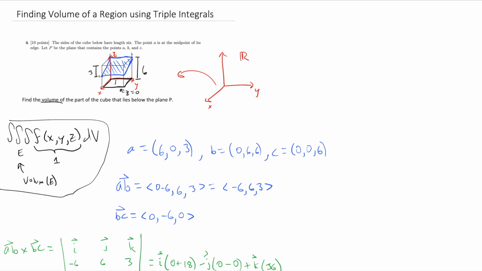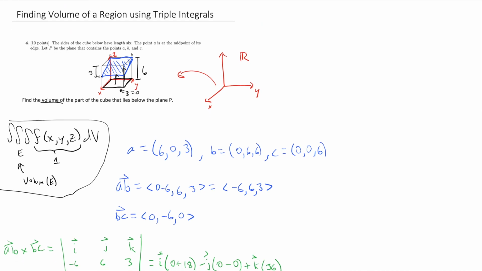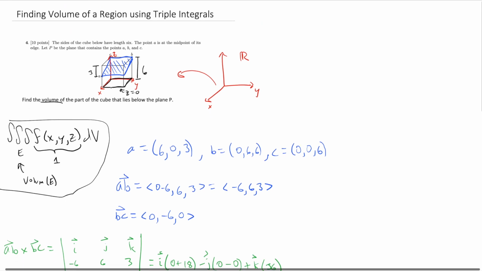Well, z goes from 0 up to this plane. And depending on where you are in the cube, the value of z will change depending on x, which we see right here. So if you're starting from the front of the cube and you go all the way up until you hit the plane, z goes from 0 to 3.